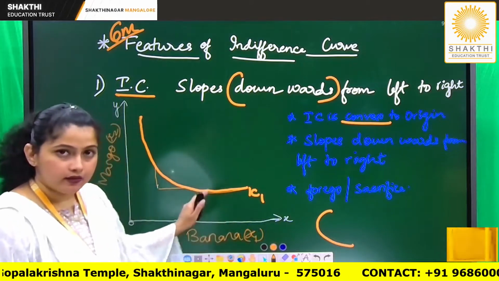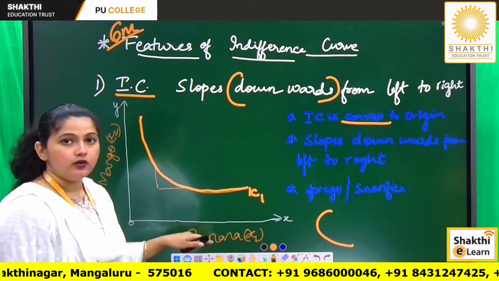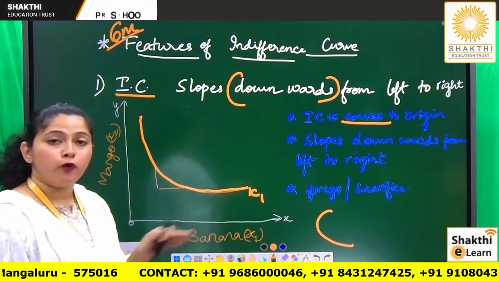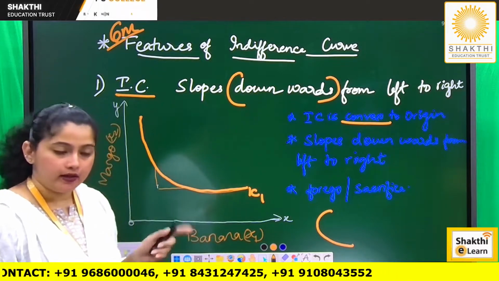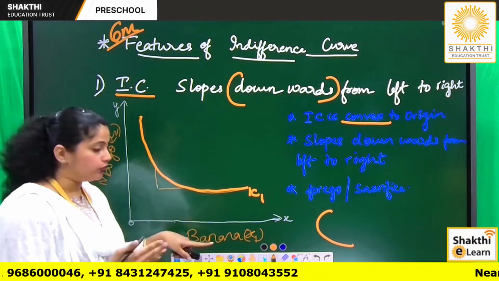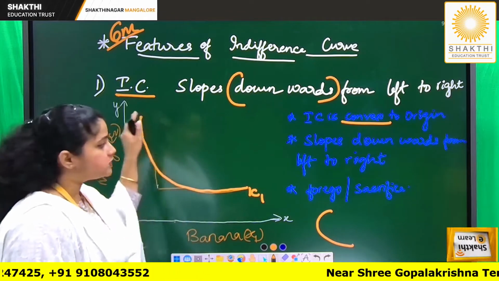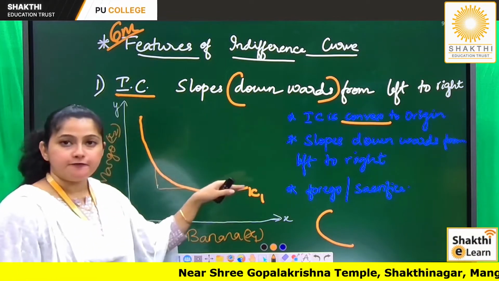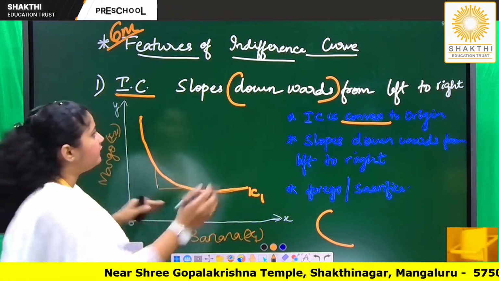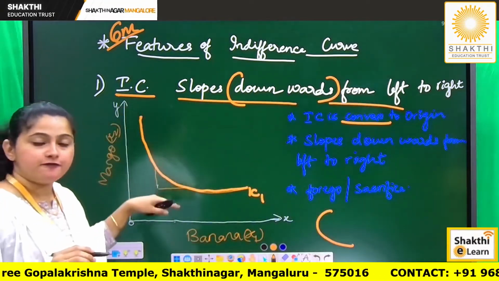Here, in order to consume more units of banana, you are supposed to forgo or sacrifice some units of mango. That is why the curve slopes downwards from left to right. Give importance to this particular topic, that is, it slopes downwards from left to right.